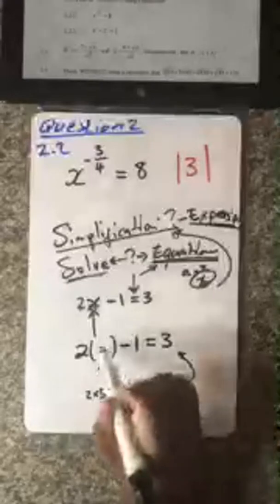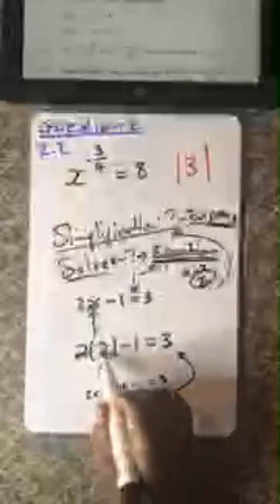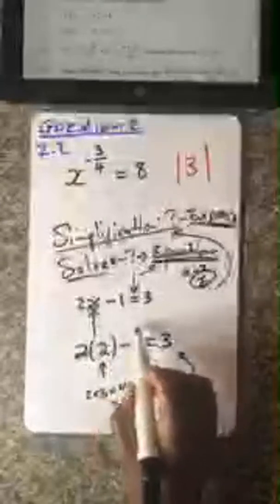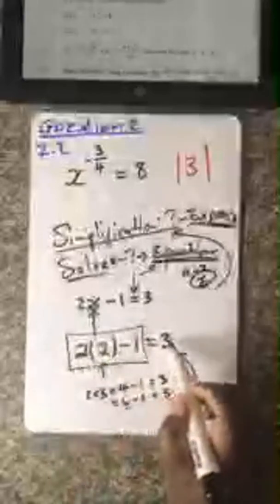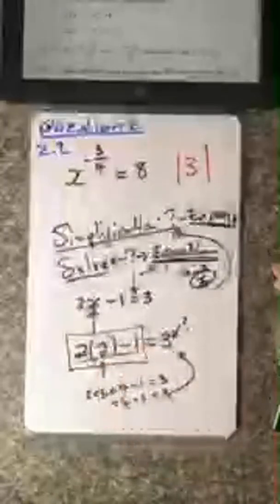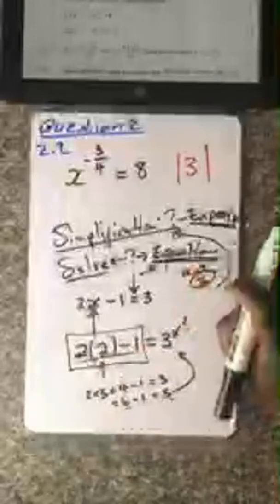So the unknown there is 2. Two times all of this on a calculator equals 3. If it gives you 3, then it means our unknown is 2. So that's how you solve for the unknown.